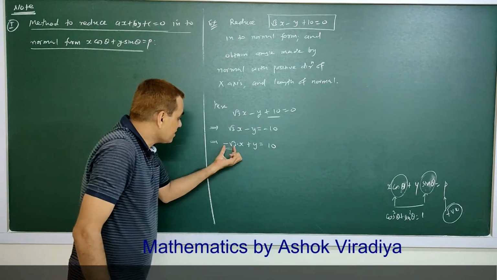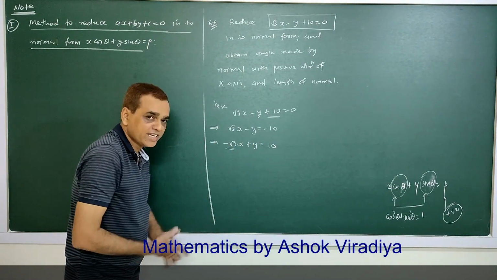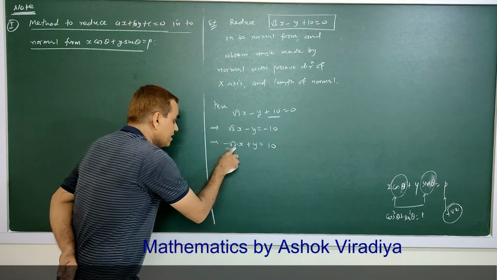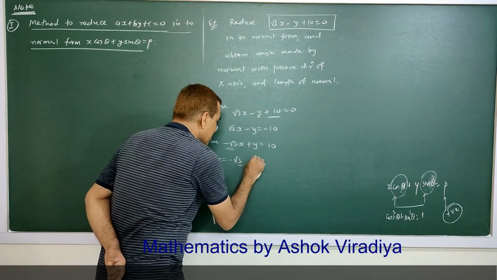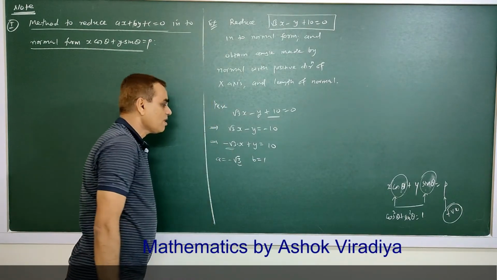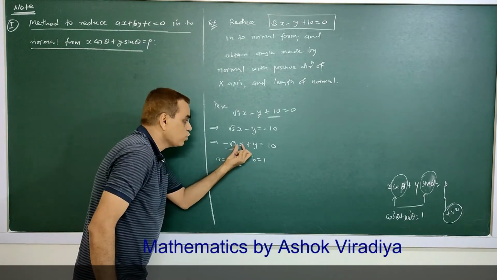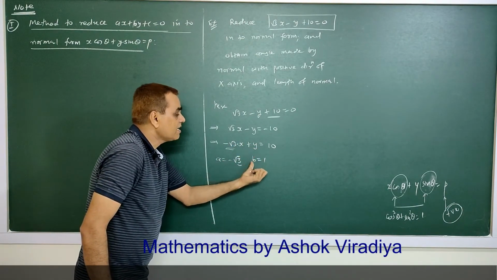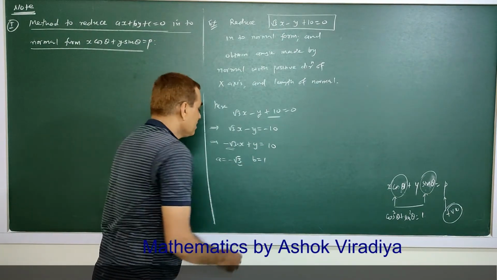To convert these coefficients into values of cosine and sine, what do we do? Take the coefficient of x as a, which is minus root 3, and the coefficient of y as b, which is 1.